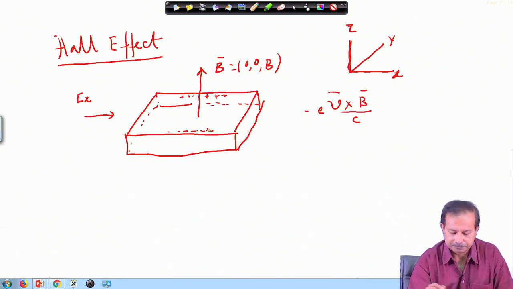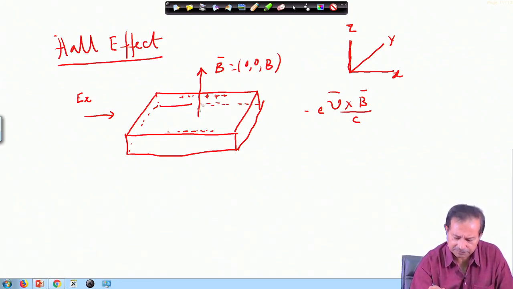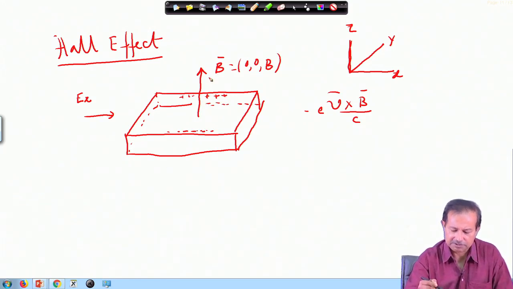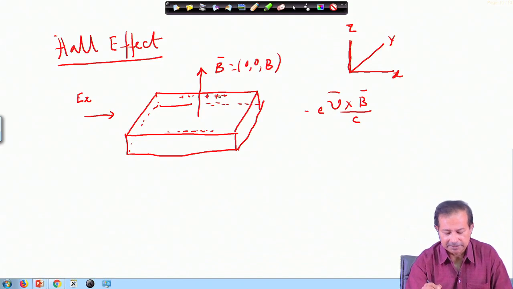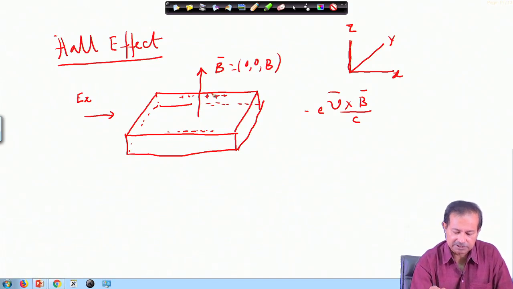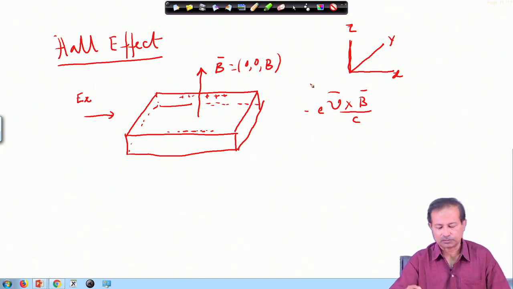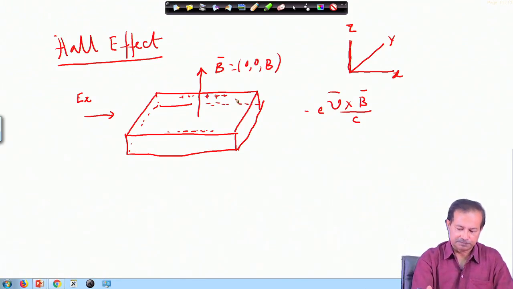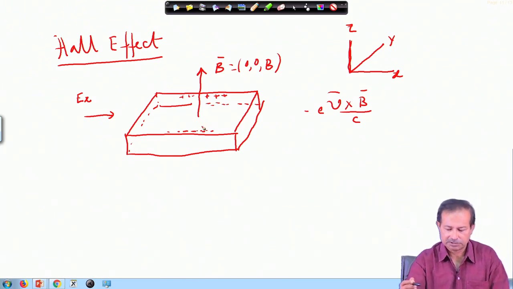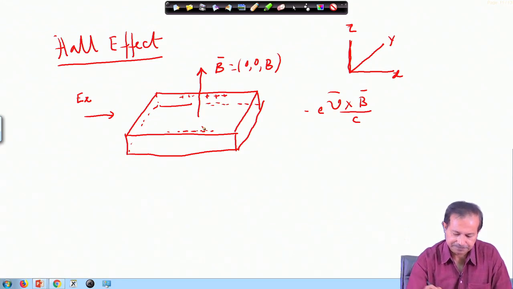So, an electric field gets generated in the transverse direction, the y direction here, and that field opposes the further movement of electrons. This field basically cancels the force that comes from the Lorentz force, and that is where the equilibrium is attained.